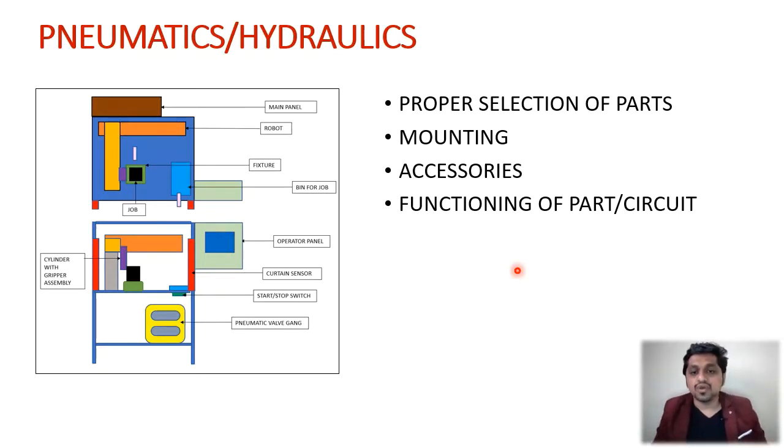So you should read the catalogs and know the complete functioning of the part and its circuit. So this is about pneumatics and hydraulics. Sometimes hydraulic systems can also be there in your machine. In that case also you have to consider all these things, right?